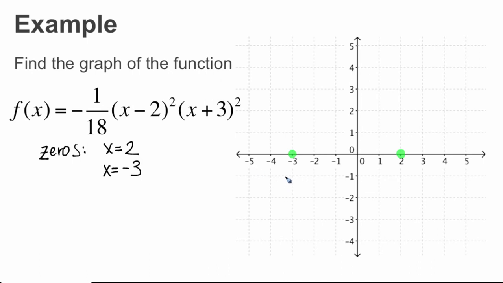Now let's pay attention to the multiplicities. x equals 2 has multiplicity 2, so it's either going to be a positive U shape or a negative U shape. And similarly, at x equals -3, which has degree 2, we're going to have a positive U shape or a negative U shape.